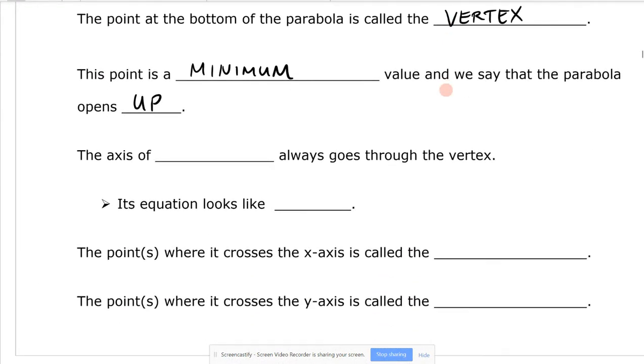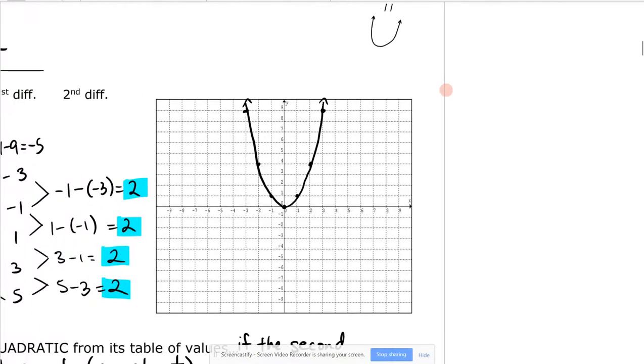Okay, the axis. So this parabola also has something called the axis of symmetry. And this axis of symmetry always goes through the vertex. So let's draw this in here. I'm going to use a dotted line like this to denote the axis of symmetry. It's not a real line that's part of my graph.